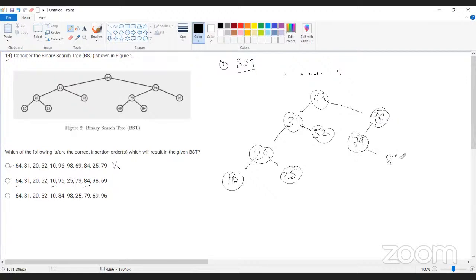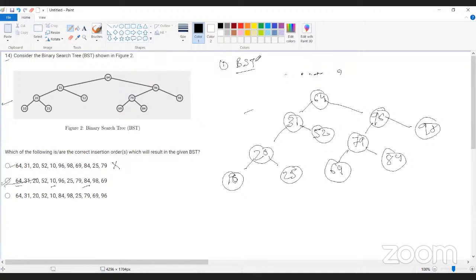Then 98 and 69, right? So we can see that the matches are correct, so this is the correct answer. You can insert like this in option 3 also, right? So any doubt in this question?